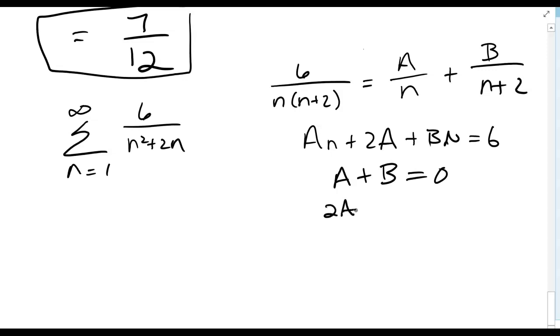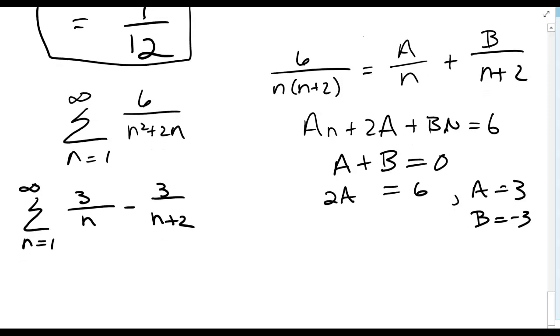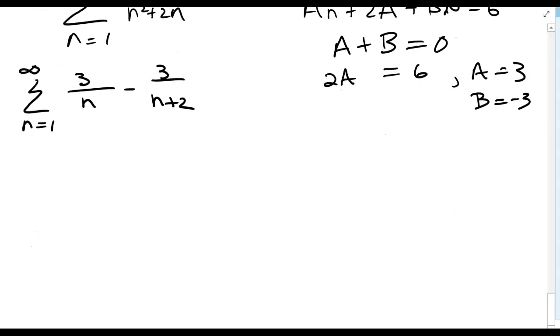The constant is 2a, equals 6. So clearly a is 3 and b is -3. So that was a really quick partial fraction decomposition, which allows me then to write this as 3 over n minus 3 over n plus 2. And then that allows me to work it out.